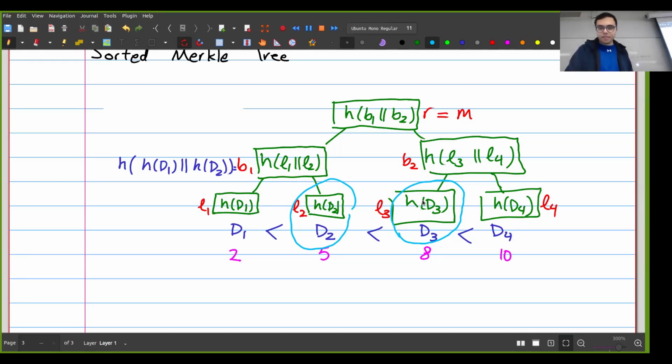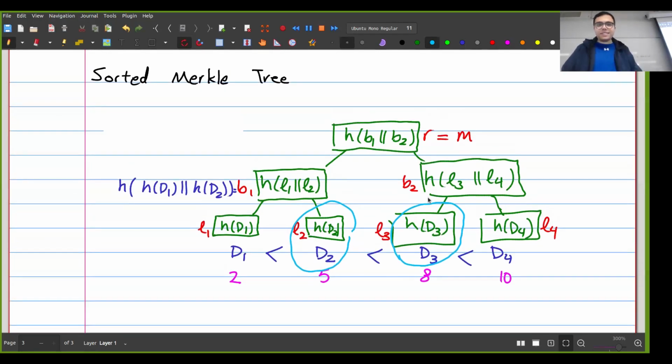Okay. But now, of course, the next problem, and what I want you to think about, is that suppose I want to prove that a particular value is not in my tree, but I also don't want to leak information. Because here I have a problem. I wanted to prove that 6 is not in my tree, but in order to do that, I had to prove that 5 and 8 are actually in my tree.